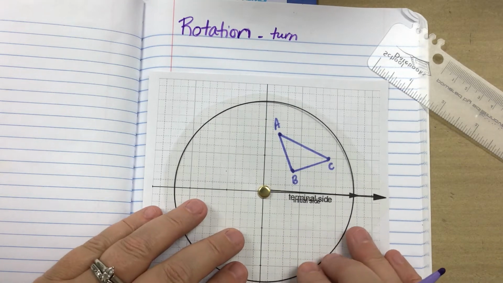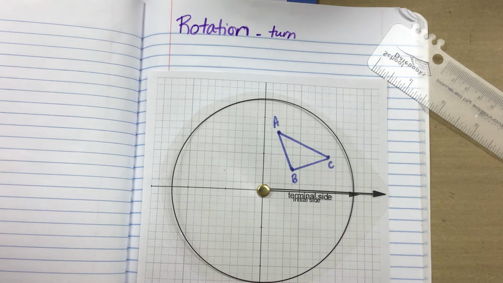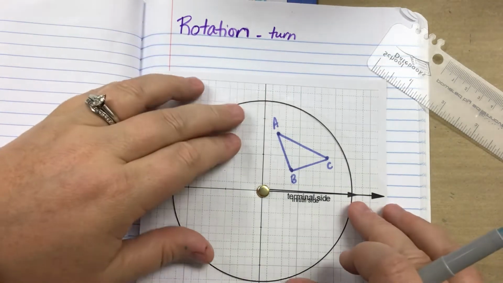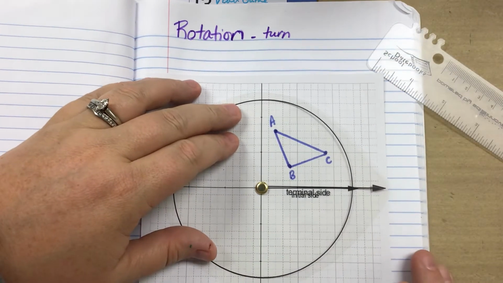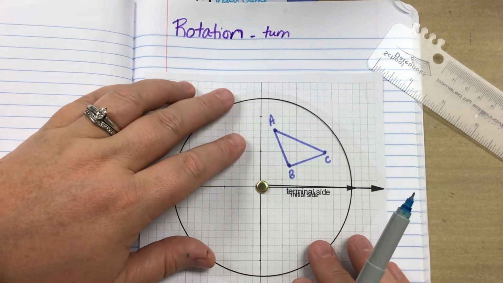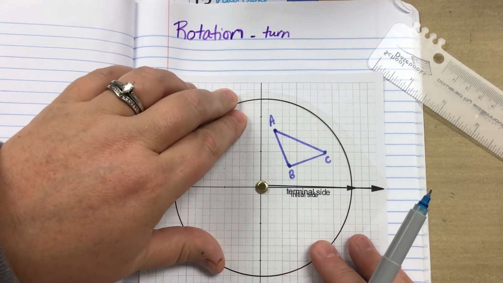And then we're going to replace the transparency. Okay, next, we are going to take our permanent marker. I have a Sharpie here, and we're going to trace our triangle on top of the transparency. Please make sure your terminal side and your initial side are overlapping.